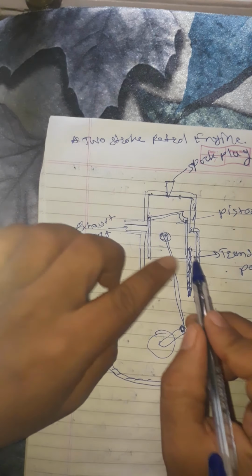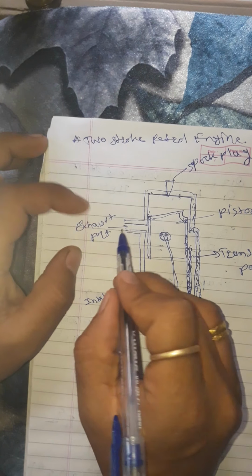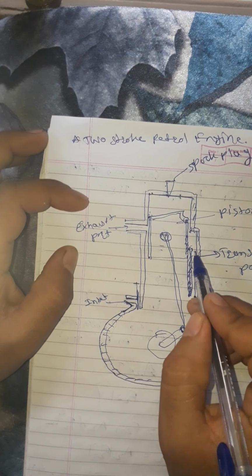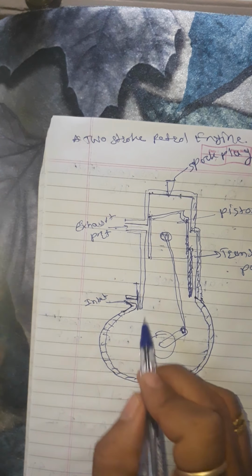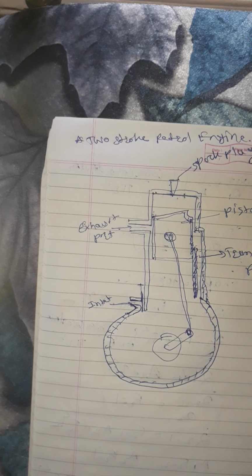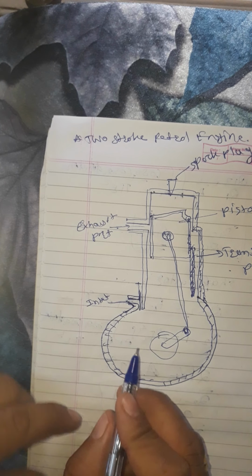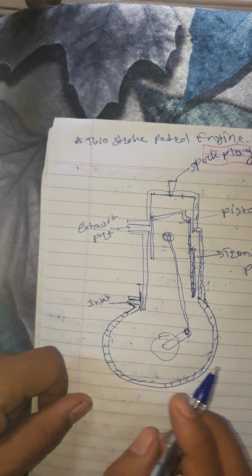This is a transfer port. This is the piston, this is the cylinder, this is the exhaust port, this is the transfer port, and this is the inlet for the fuel, or charge.